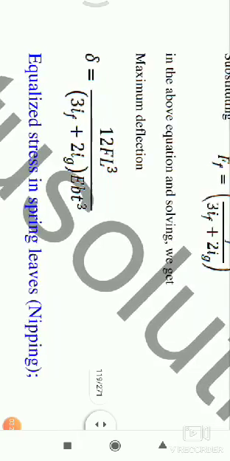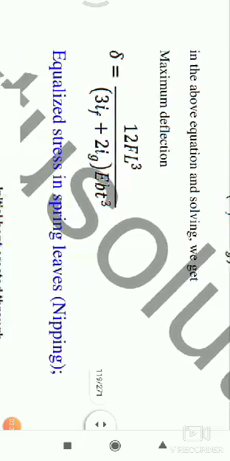So delta equals 12 F L cube divided by (3If plus 2Ig) times E b t cube. This is a very important equation to solve problems. This is the equation for the maximum deflection.